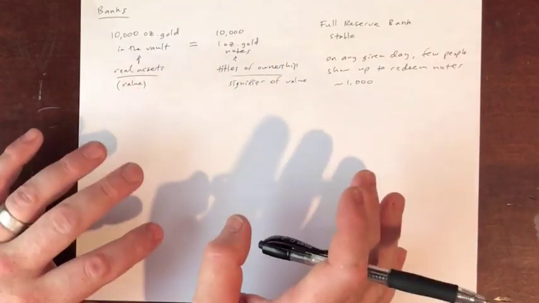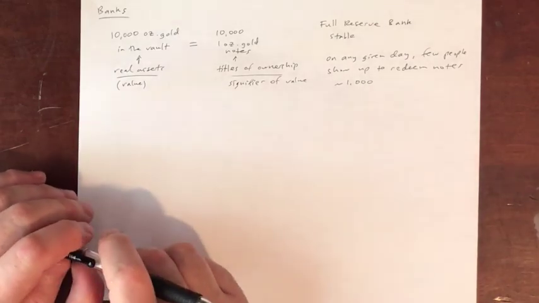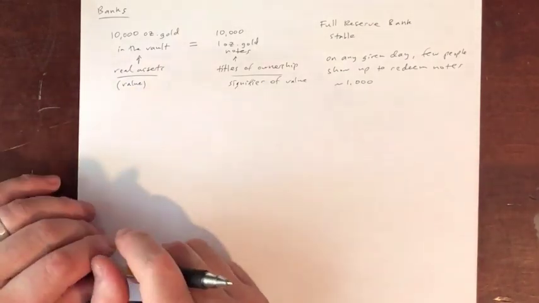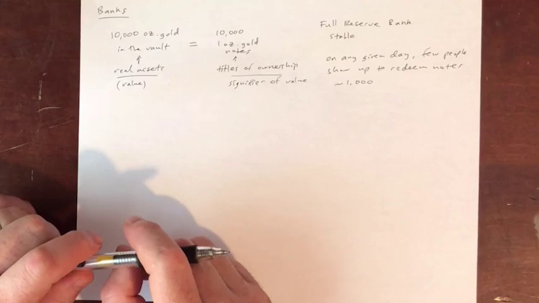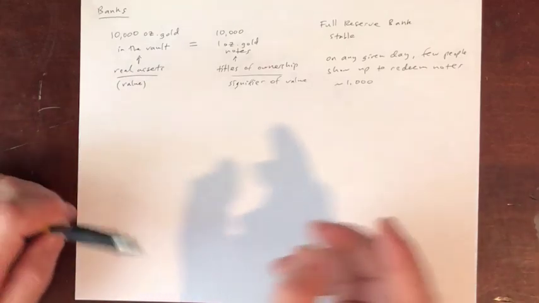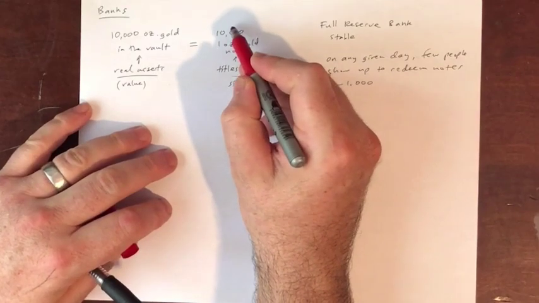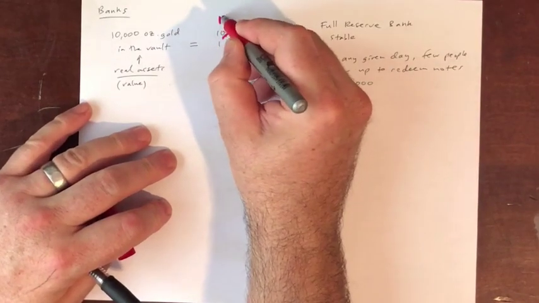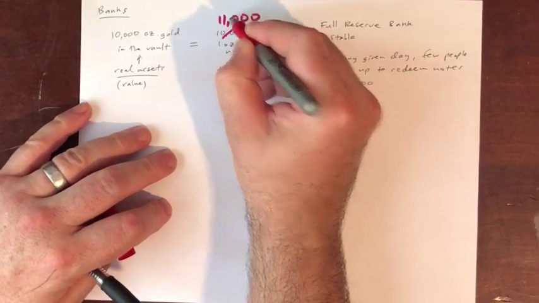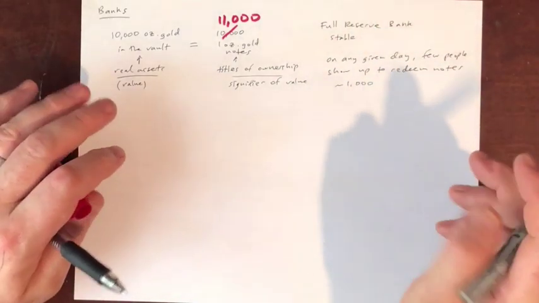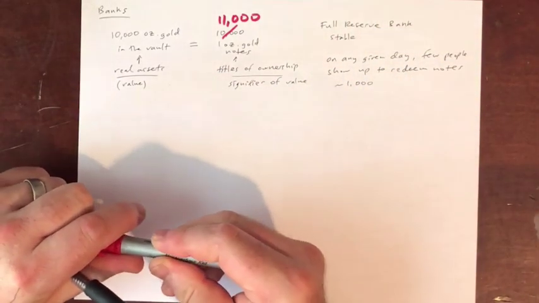So initially, even though it starts off being full reserve, what someone figures out at some point is, what if we just boosted the number of notes a little bit, right? What if instead of having 10,000 notes, we issued, let's say, 11,000, right? Now, is this gonna create a problem?